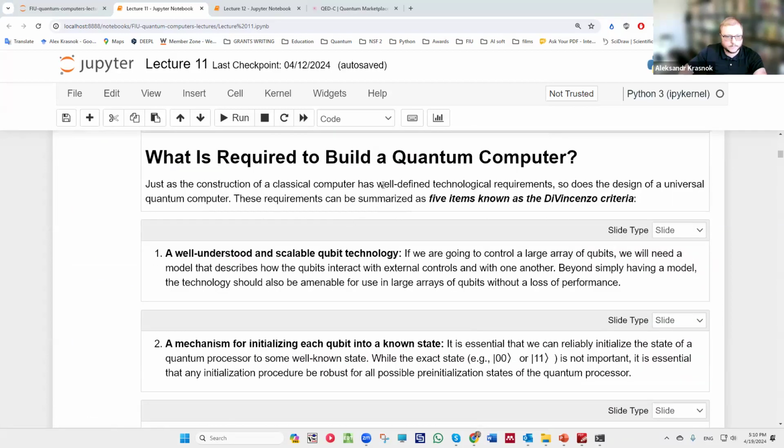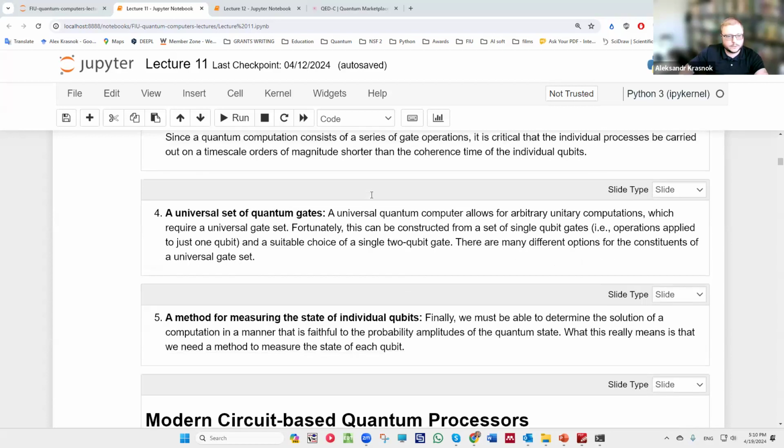So for the requirements that we impose on a quantum computer, we have a list of 5.